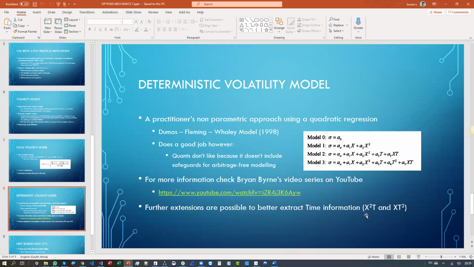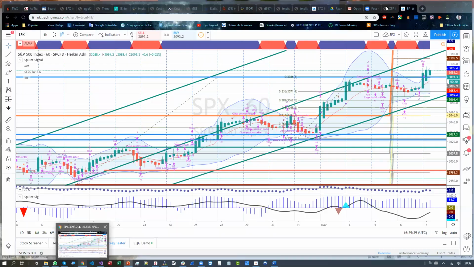I would also add more products. So not only a parabola across one dimension and a parabola across the other dimension, and just one cross product. It can work, but we know we've had very odd shapes in terms of volatility. Actually, I can show you. Where did I put it? I think it's here.